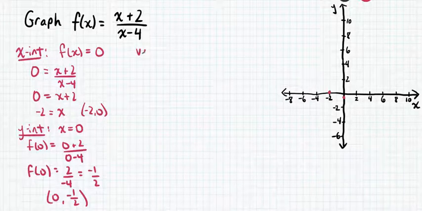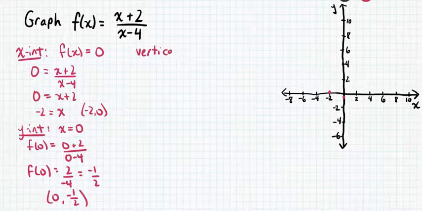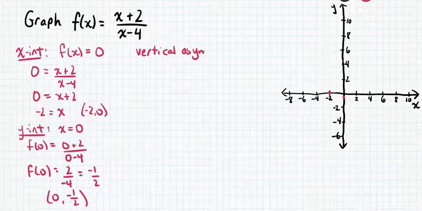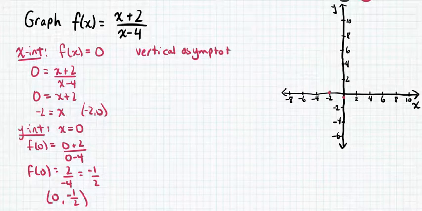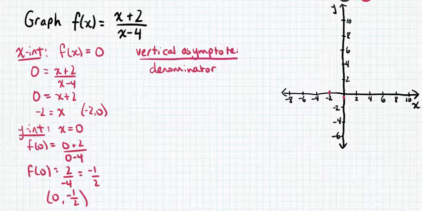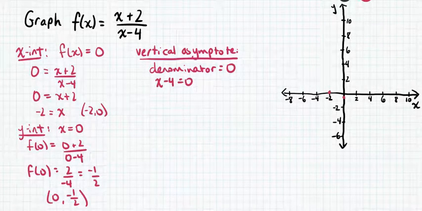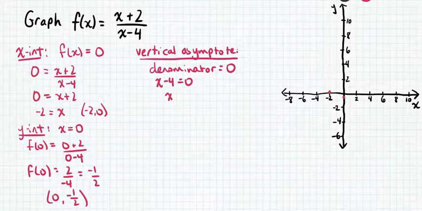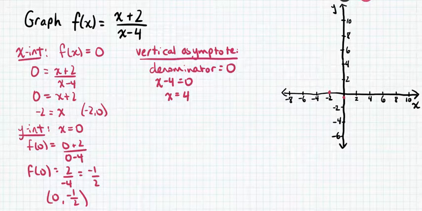So to find the locations of vertical asymptotes, we set the denominator equal to 0 and solve. In this case, we get x minus 4 equals 0. Adding 4 to both sides, we get x equals positive 4.